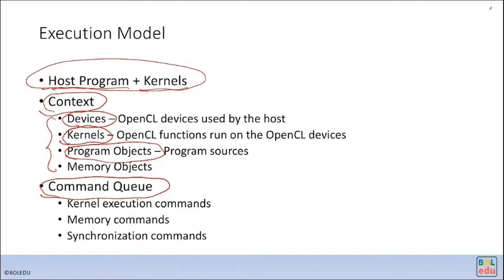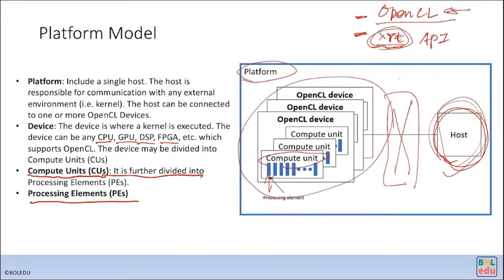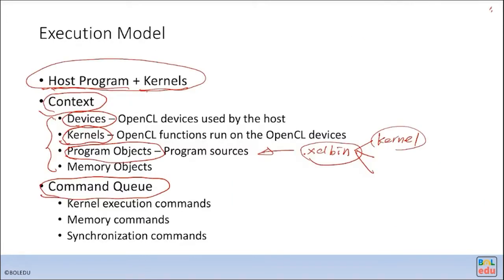So what is the program object? That's like the XCLBIN, the bitstream file. The XCLBIN is the so-called program object. Inside the XCLBIN we put together a lot of kernel functions, so we aggregate a lot of kernel functions into the program object.